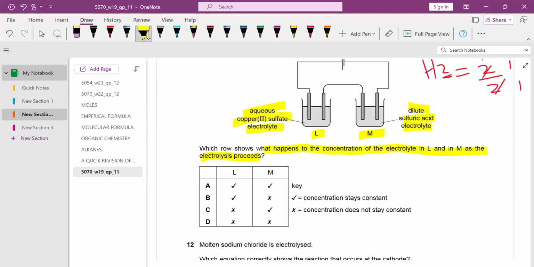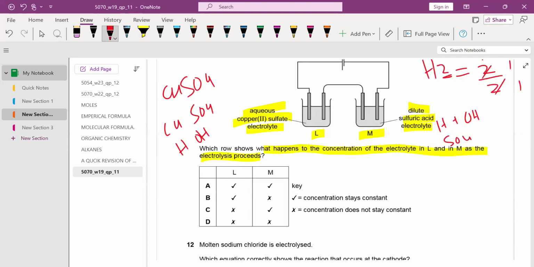Firstly, you need to know which ions are present. In copper sulfate, you have aqueous CuSO4, so you have copper ions, sulfate ions, hydrogen and hydroxide ions. Then at the sulfuric acid side, you have H2SO4, whose ions are H plus, OH, and SO4.